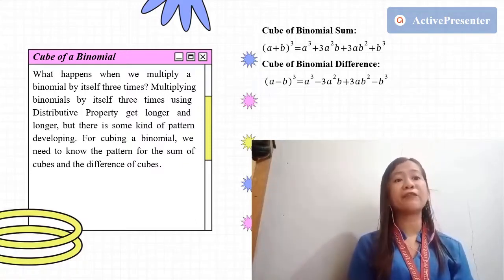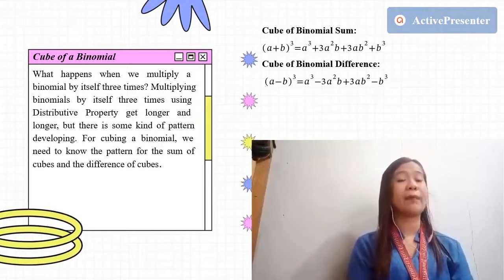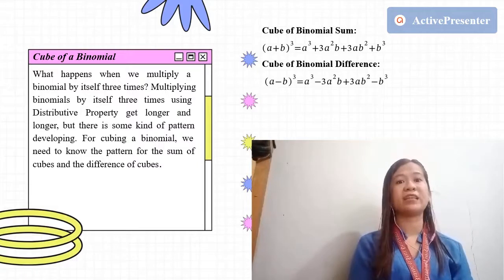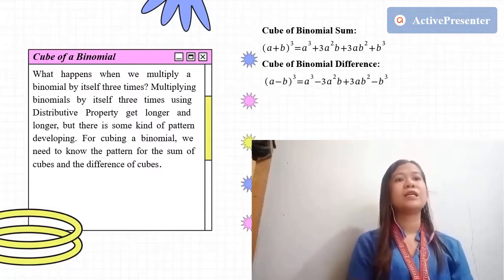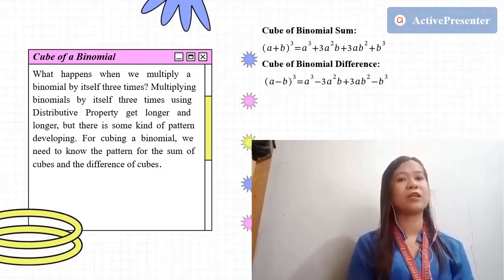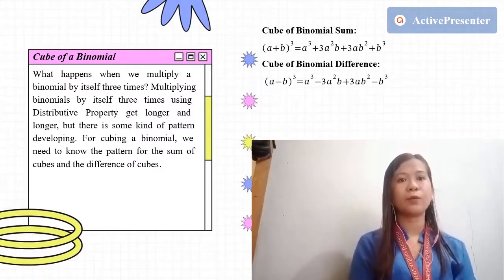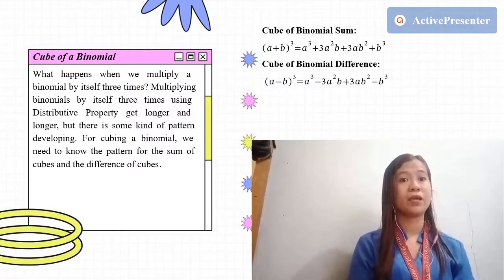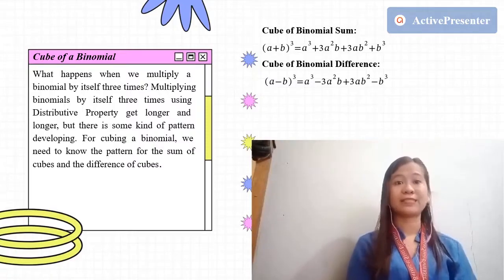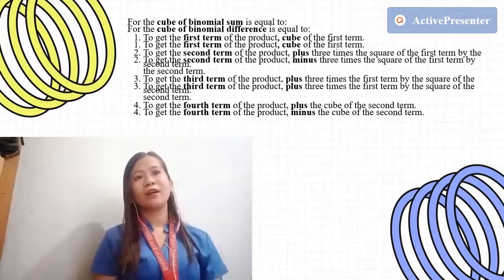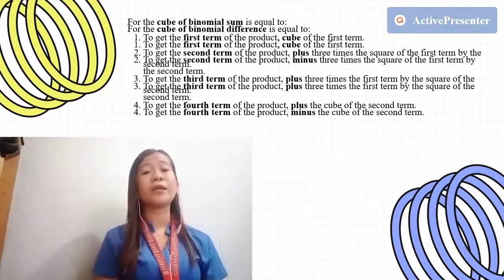And for the difference, we have a minus b cubed, getting the cube of a binomial which is a difference. So it has minus. If we have a minus b cubed, we can simplify it as a cubed minus 3a squared b plus 3ab squared minus b cubed. That's it. It's so complicated. Yes, it is. But it helps you for the following steps that we have.